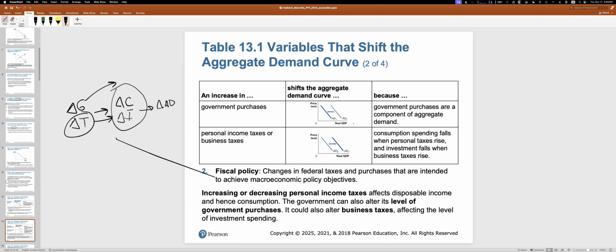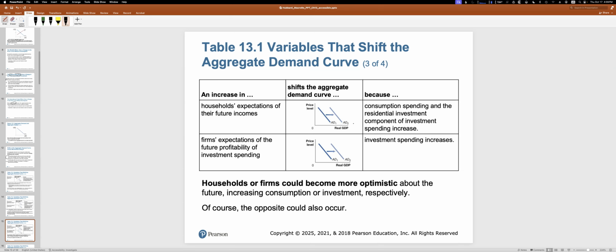Then we determine, is the economy healthy or not? And if the economy is not healthy, then we need to make changes to monetary policy and fiscal policy that lead to changes in AD to basically fix the economy.